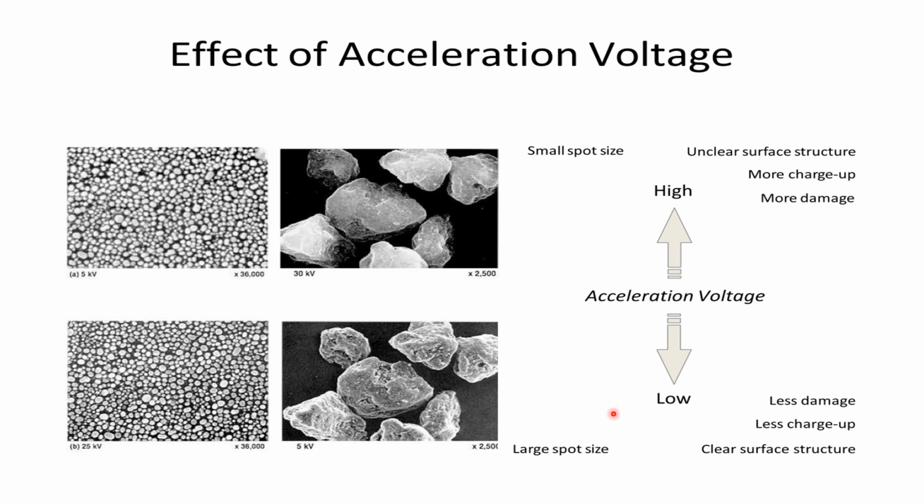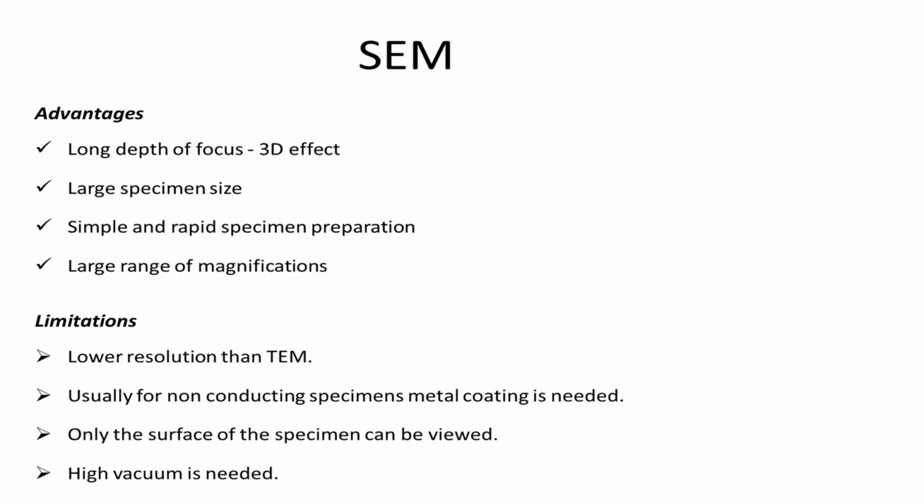And if we use a low accelerating voltage, that means a clear surface structure and we get less damage in the image. As we can clearly see in these two pictures, if we use high accelerating voltage, we get more charge up, and if we use low accelerating voltage, we get less charge up in the same image.